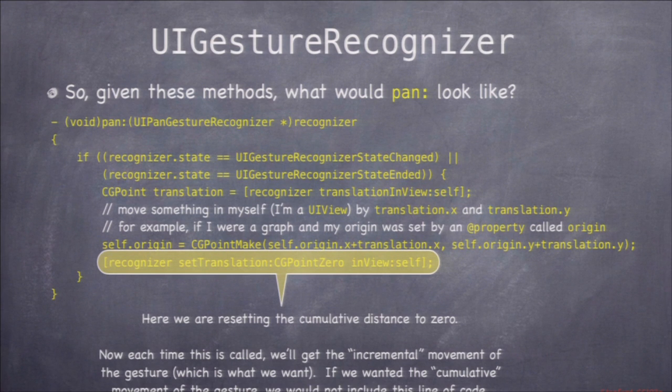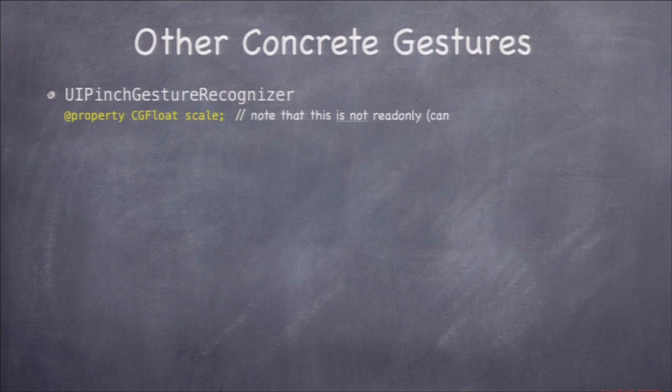Otherwise, I'd have to keep track of where my origin started, and then every time this was called, I'd have to find the difference, and then move it that much. This way, I don't have to worry about it. I just keep resetting the thing back to 0, and so I keep getting these tiny changes, and I just keep applying them to my view. This is a very common pattern for these continuous ones, we're constantly resetting. And we'll do that in our demo. We're going to do pinch, but we'll do the same resetting.